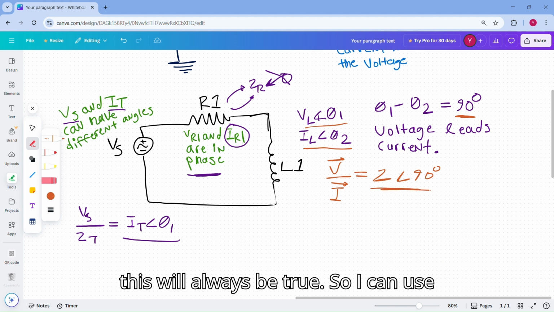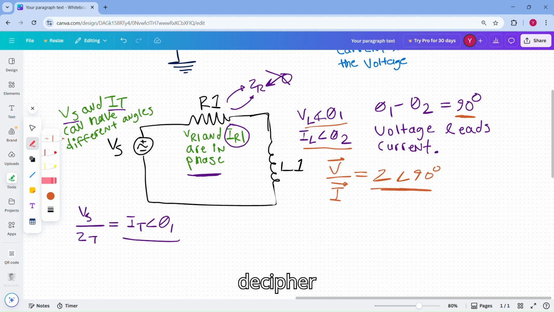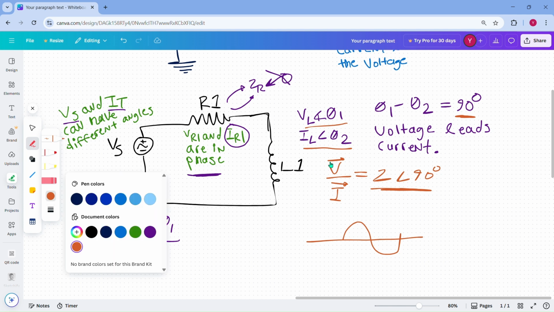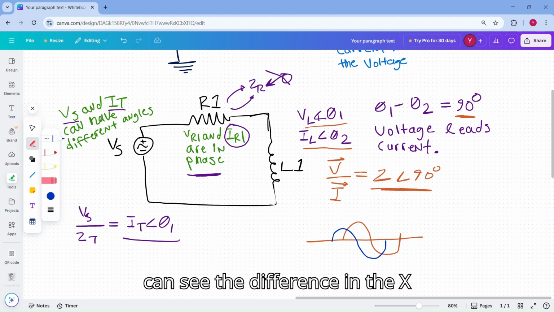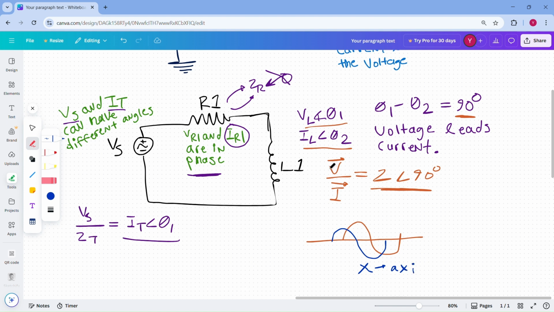And this will always be true. So I can use this in my equations. It can help me decipher a problem where I'm given a sine wave. If I was given a voltage and a current, I can see the difference in the x-axis, and it can maybe help me determine what kind of circuit I am looking at, which signals I am looking at.